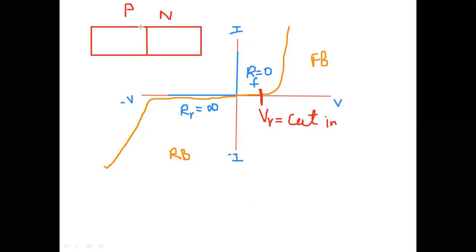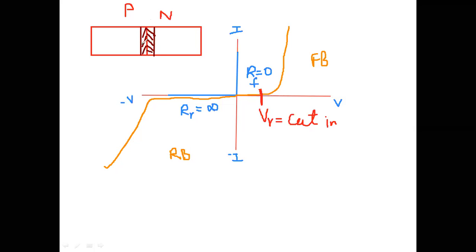There will be some barrier developing at the junction. I'm getting some potential. This potential makes it impossible for charge carriers to move from both sides.